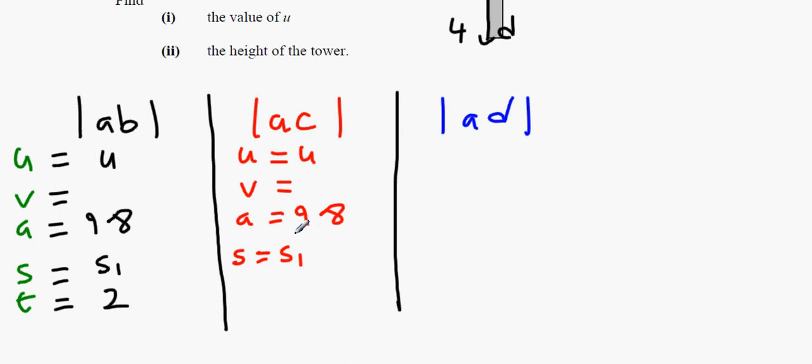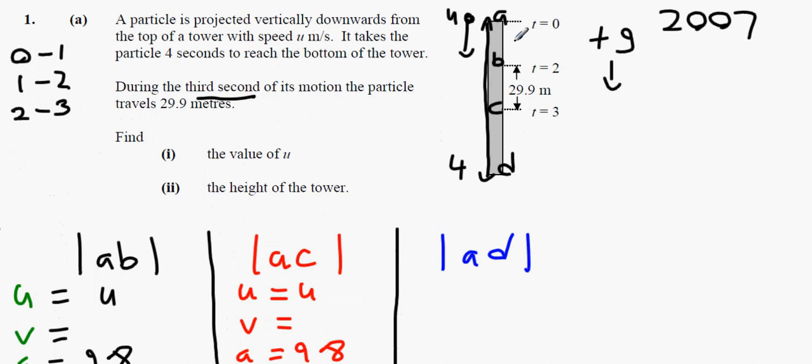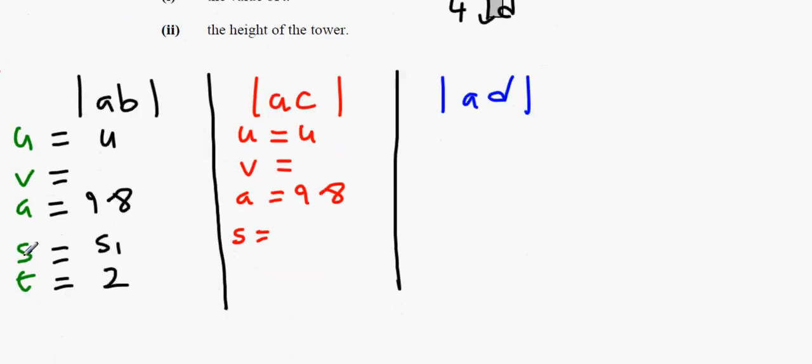We don't know the distance at the start. And for AC, T is going to be 3 seconds. To go from A to C, it's going to take 3 seconds. So T equals 3.